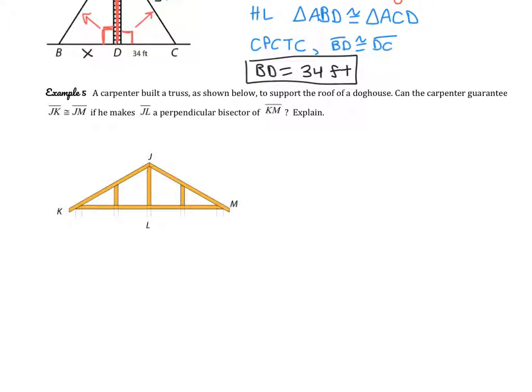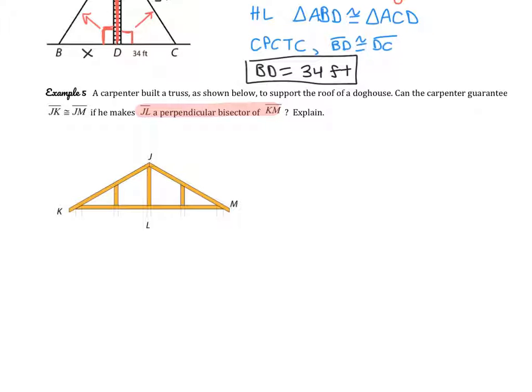Okay, this last example says, a carpenter builds a truss. This is what a truss looks like, as shown, to support the roof of a doghouse. Can the carpenter guarantee that JK, which is this length, is congruent to JM if JL is a perpendicular bisector of KM? Let's talk about this statement first.